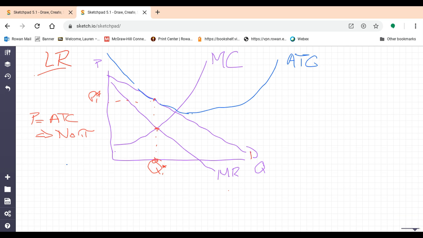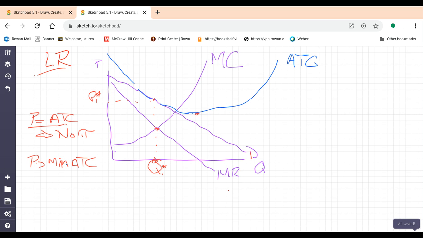And one thing that we can also say about this market in the long run, especially talking about this inefficiency possibly, is that price is going to be greater than the minimum average total cost, like I said. So the price in the long run equals average total cost, but not the minimum of that cost.